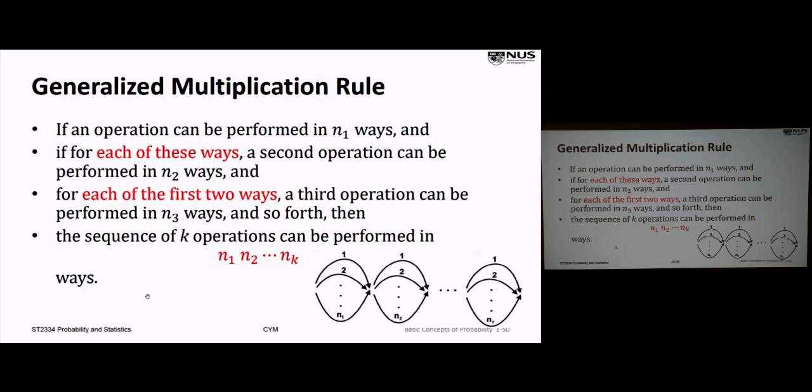So the question that one asks oneself, and that's what we have to do sometimes in probability, is what are the total number of operations that could be performed. And it's unsurprisingly n1 times n2 times ... times nk. Okay, so this just means I multiply these k numbers together.